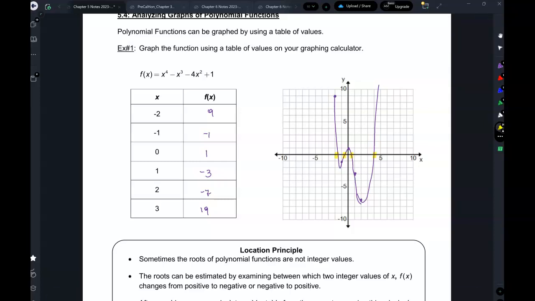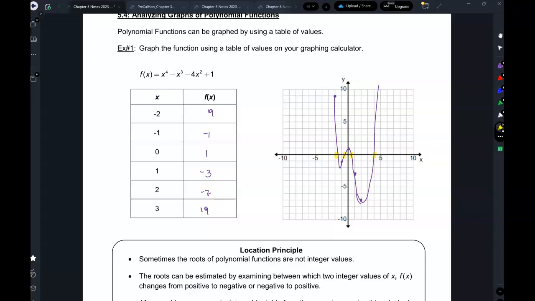But in addition to that, when I have a table of values, without even looking at the graph, I can guess where the zeros are going to be, right? Do you see how at each 0, the graph switches from being above the x-axis to below the x-axis? So when the graph is above the x-axis, all of the y values are positive. When the graph is below the x-axis, all of the values are negative. At the 0, the y values switch between positive and negative, right?